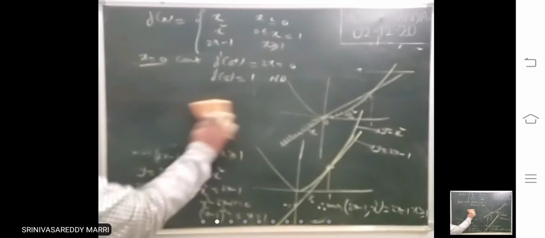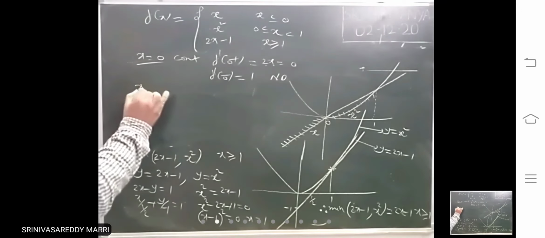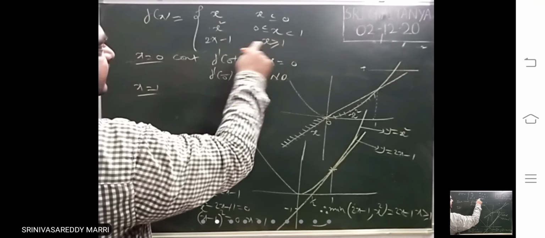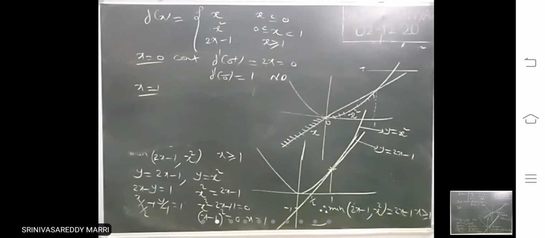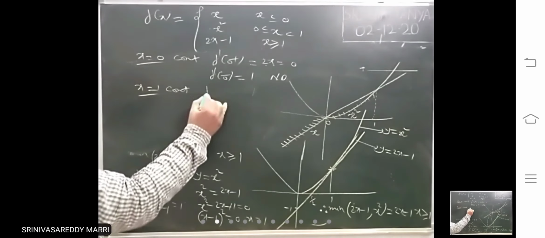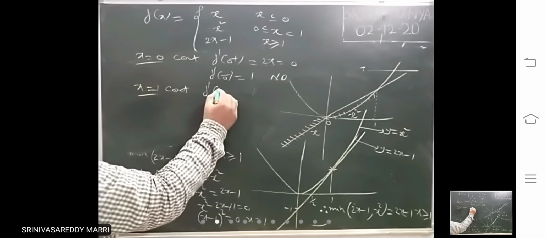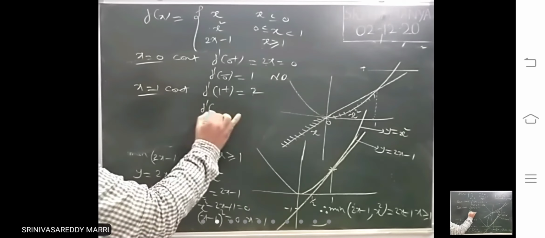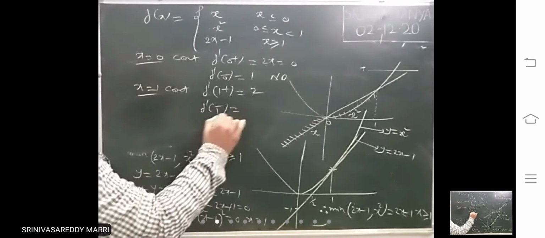Next, at x equal to 1. The left limit is 1, the right limit is 1 and f of 1 is 2 minus 1, which is 1. Therefore continuous. F dash 1 plus, the derivative of this, is 2. F dash 1 minus, the derivative is 2x, that means 2 into 1, which is 2.